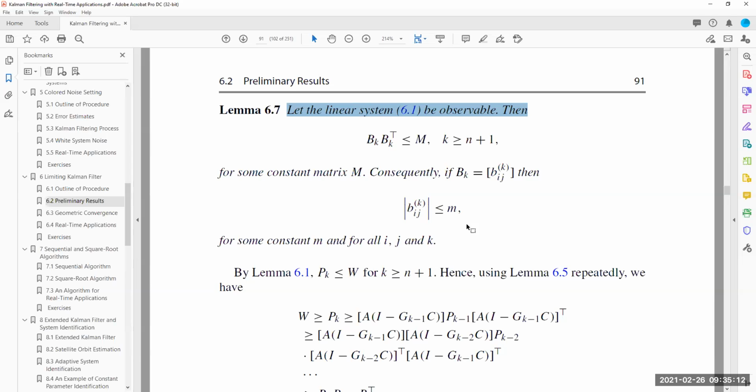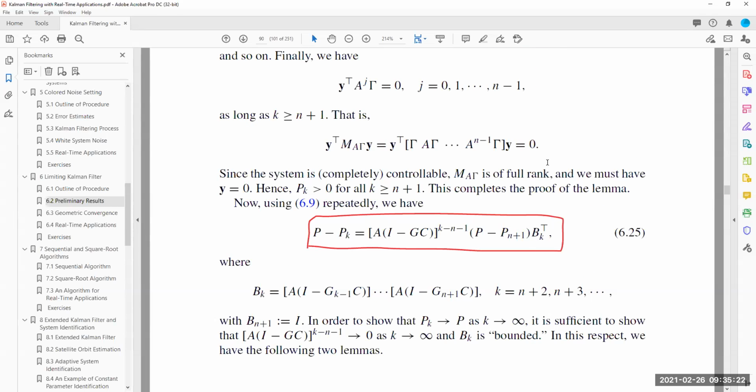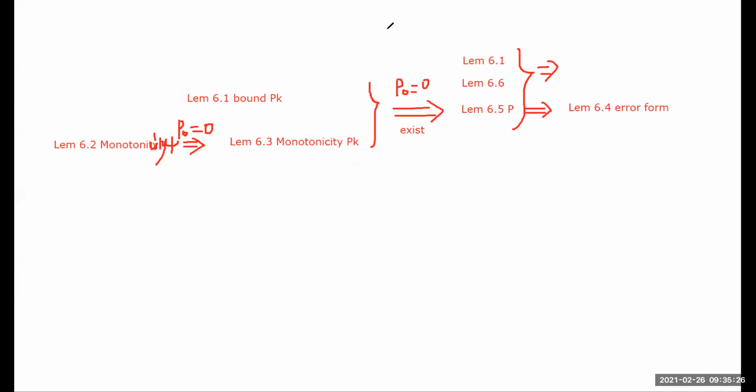Okay, the absolute value is bounded by some constant M for all I, J, and K. So here the BK is bounded. This lemma 6.7 shows the BK is bounded.